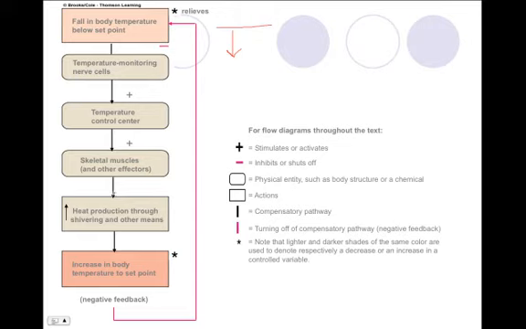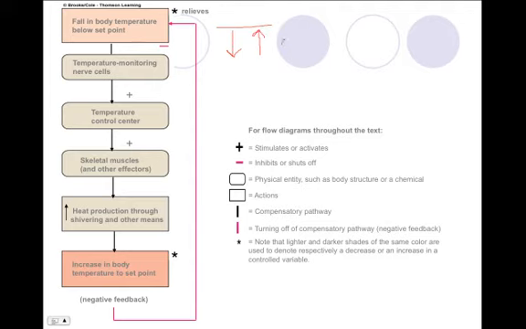So we'll actually get heat production through shivering. And so those effectors will then release heat, thereby increasing our body temperature back to its set point.